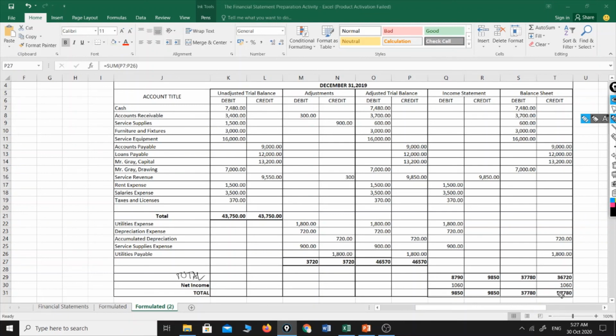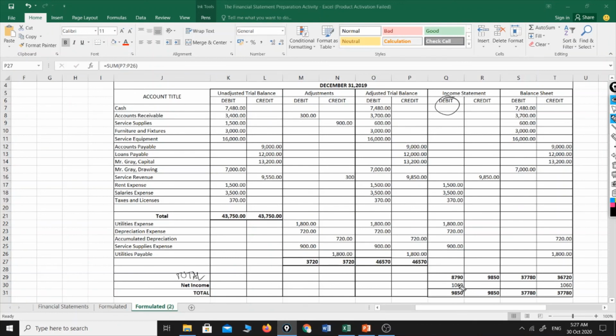Meaning, the column that is smaller is where you add the net income. Okay? So for example, this one, 8,790 versus 9,850. The column that needs an additional amount is the debit column, since it is lower than the credit column.